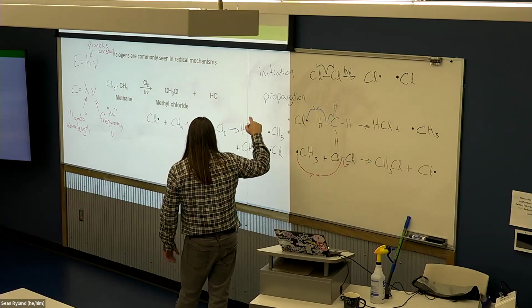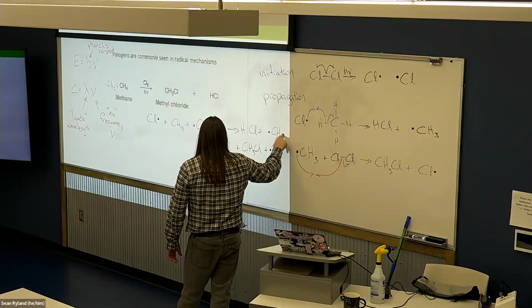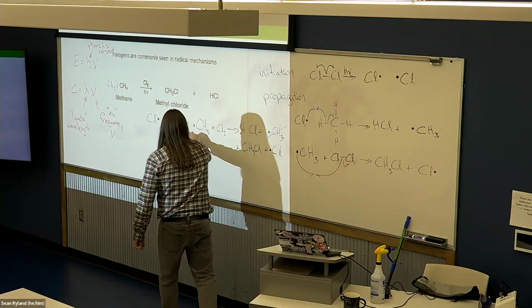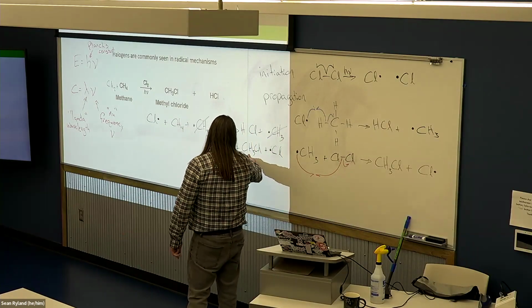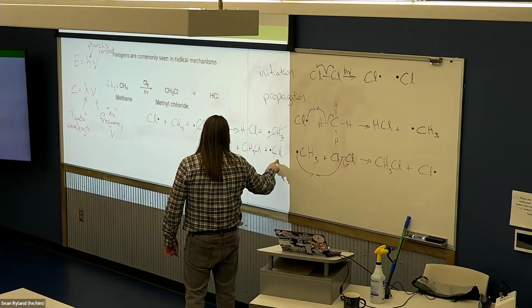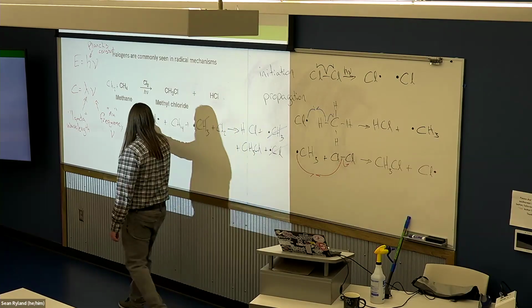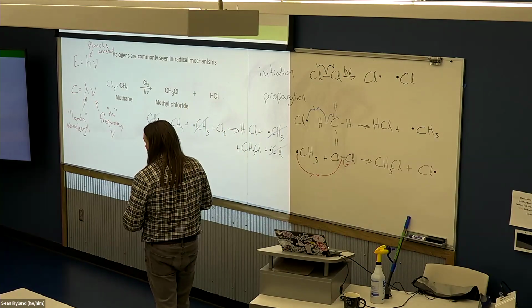So we can say, okay, HCl doesn't cancel out, but methyl radical does. Chloromethane doesn't cancel out, but chlorine radical does. And then what's left after we do that?